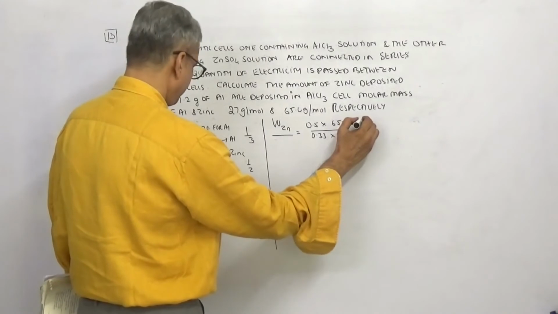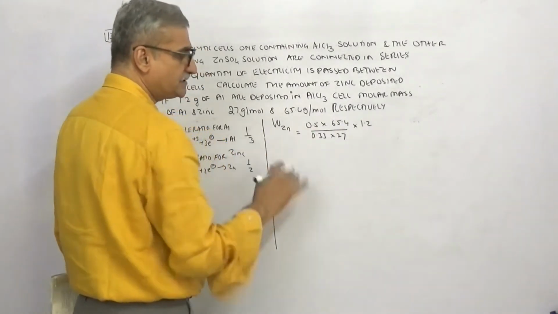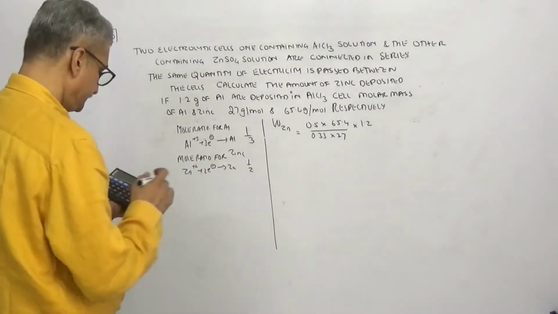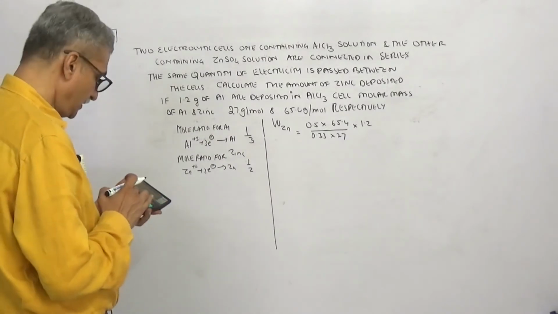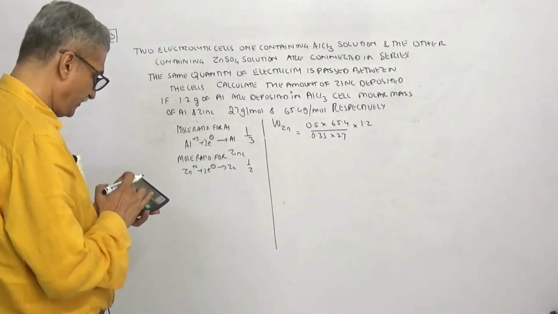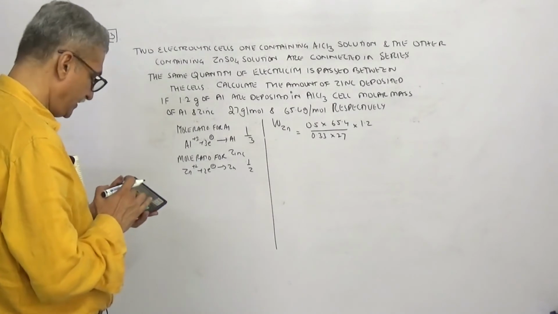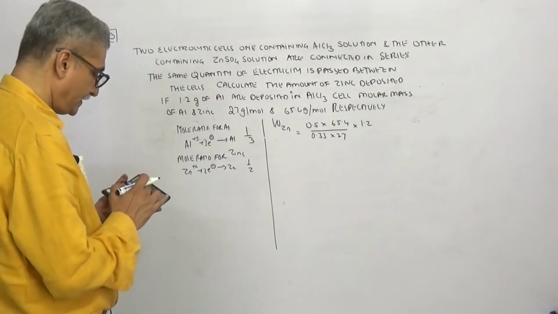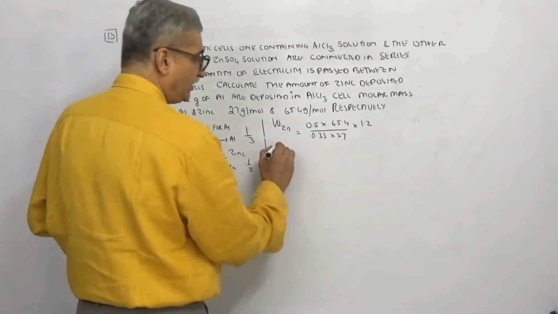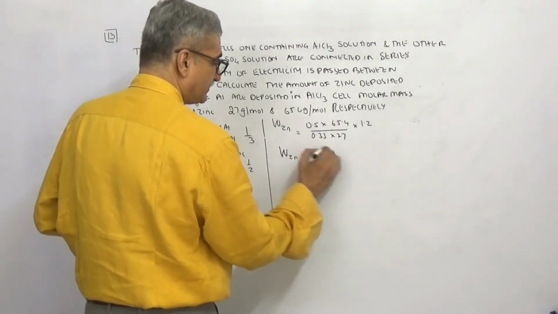Into weight of aluminium. Weight of aluminium is how much? 1.2. That's it, your answer is true. So what do we have? 0.5 into 65.4 into 1.2 divided by 0.33 divided by 27. So 4.4. So weight of zinc deposited will be 4.4 grams.